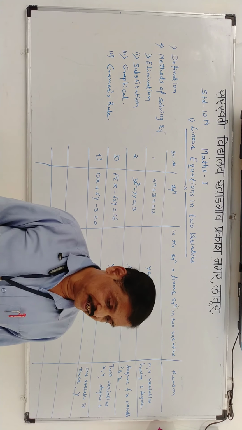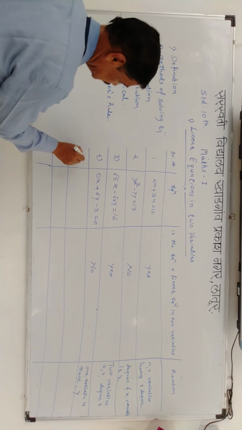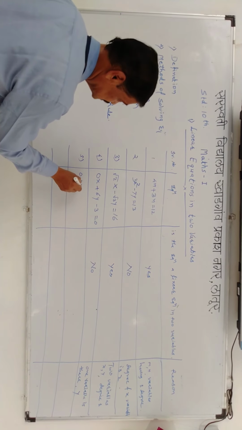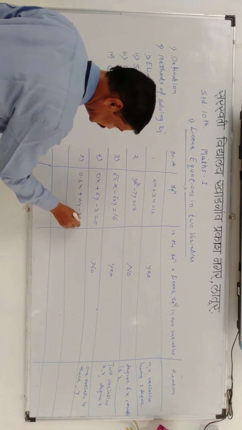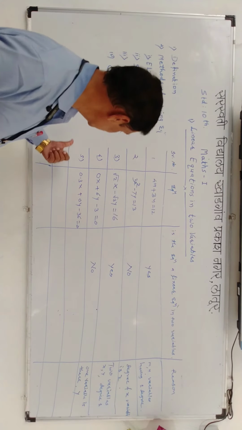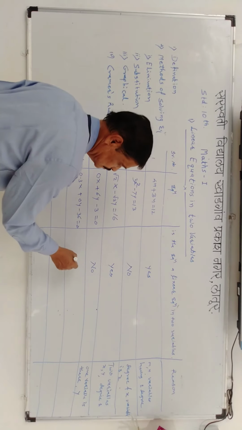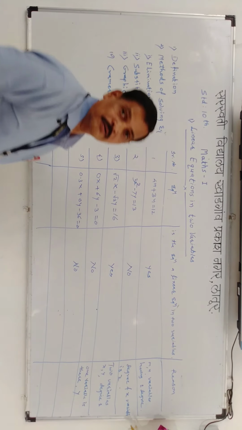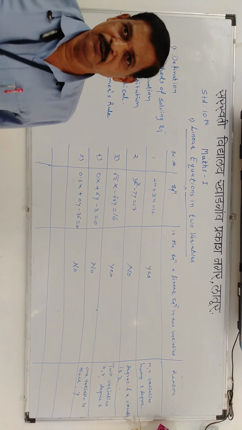Next, 0.3x plus 0y minus 36 is equal to 0, or is equal to 36. Both are equal. Is it a linear equation? No. Why? Because the coefficient of y is 0.